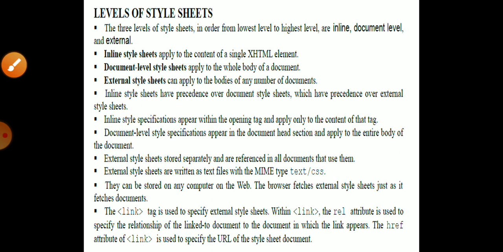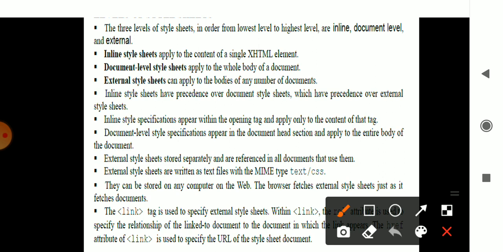Okay, so style sheets consider various levels. There are three levels considered in cascading style sheets: inline, document, and external style sheets. You have a precedence of your external style sheets over all other document or inline types.